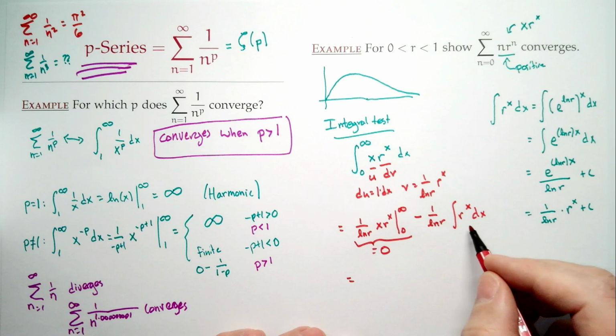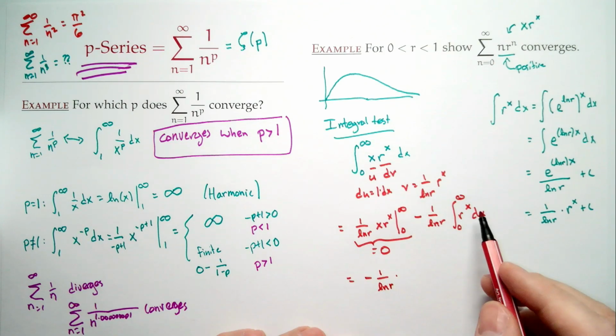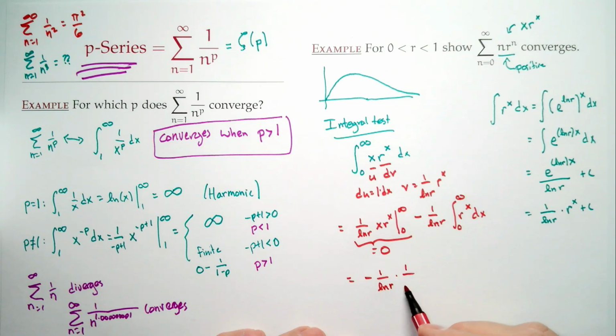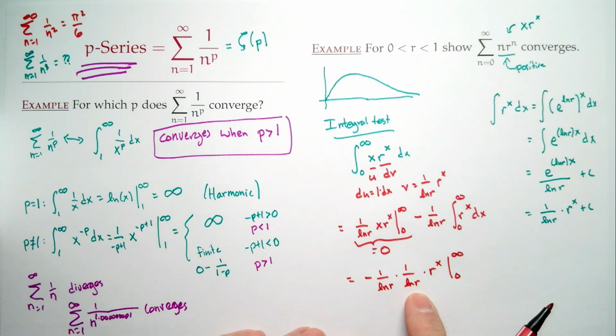Well, whoops, forgot the bound, 0 to infinity. All right. Well, so we integrate that again. So minus 1 over natural log of r times the integral of r to the x, there's another 1 over natural log of r times r to the x from 0 to infinity. And what do we have? Well, when you go to infinity, these terms at the start are constants.